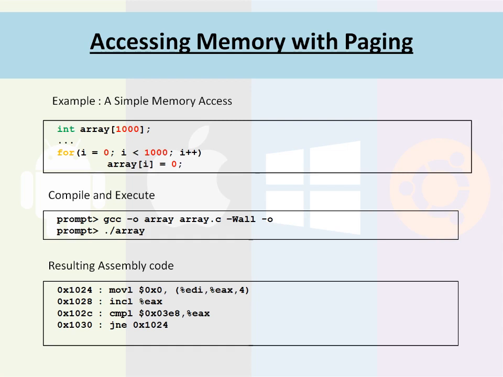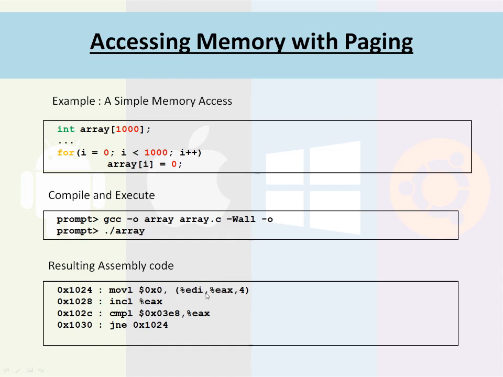The first instruction moves the value 0, shown here as 0x0, into the virtual memory address of the location of the array. This address is computed by taking the contents of this register and adding this register's value multiplied by 4.